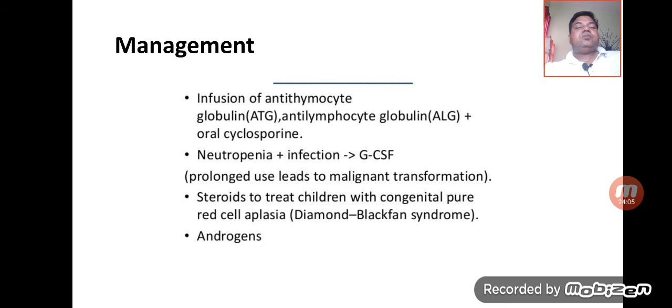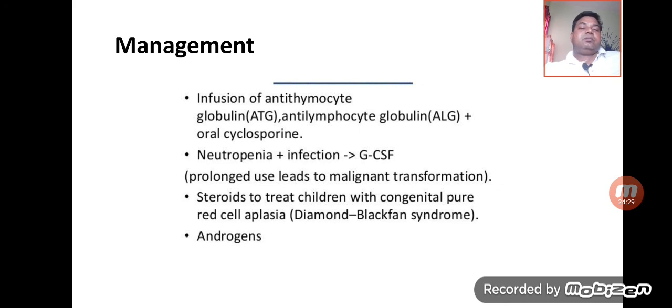Now we go through the management of this condition. Infusion of anti-thymocyte globulin, or ATG, results in 50 to 60% recovery. Neutropenia and infection are treated with granulocyte colony stimulating factors or growth factors.